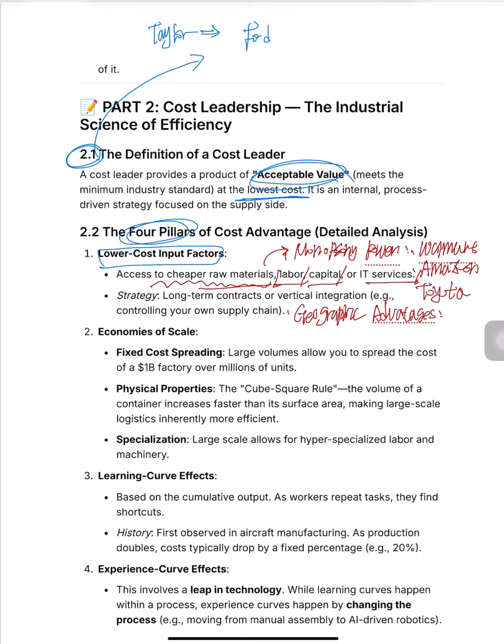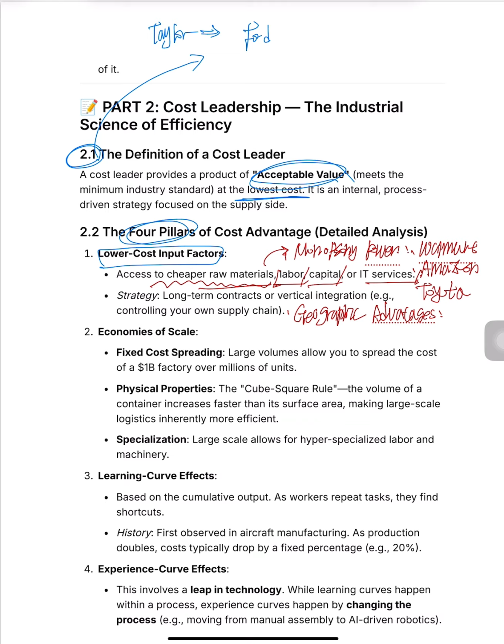And also proprietary technology or process: patents, access to a proprietary manufacturing process, algorithm, or formula that competitors cannot legally replicate creates a durable input cost advantage as well.